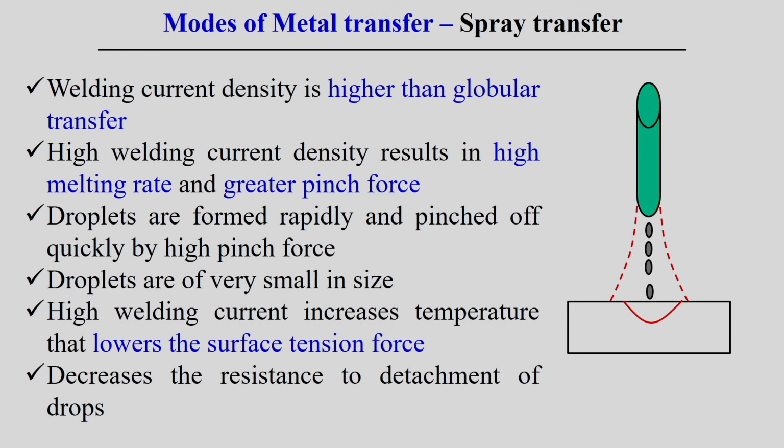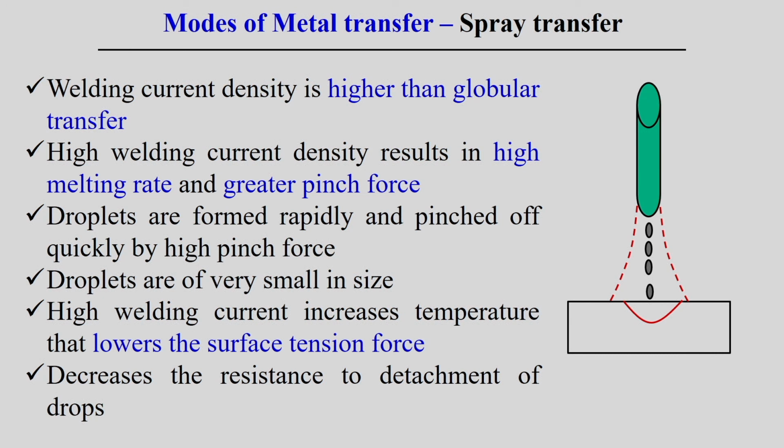When current density becomes very high, it indirectly affects the magnetic field. With increasing current density the magnetic field is affected, and that enhances the pinch force such that small droplets can be created more frequently.